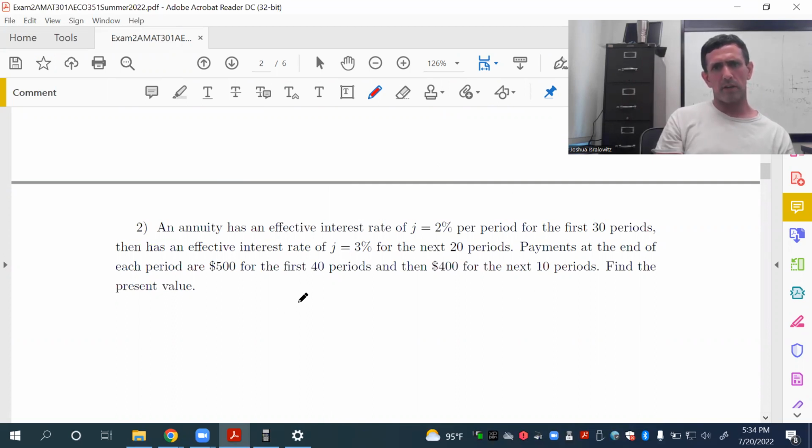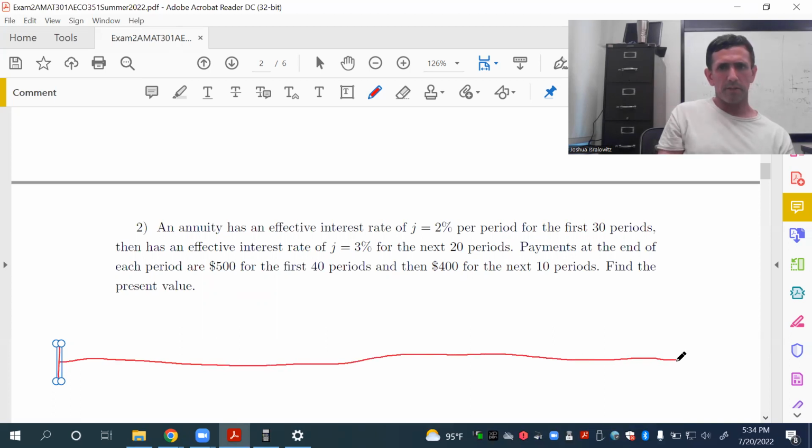Payments are at the end of each period, and they're 500 for the first 40 periods, 400 for the next 10 periods. This is very similar to one of the class examples, with a very slight modification, and similar to one of the homeworks. Okay, so let's draw a time diagram.